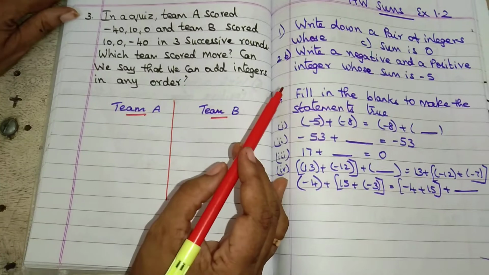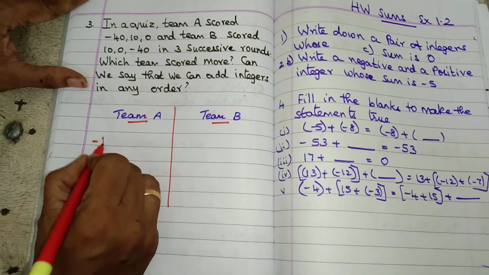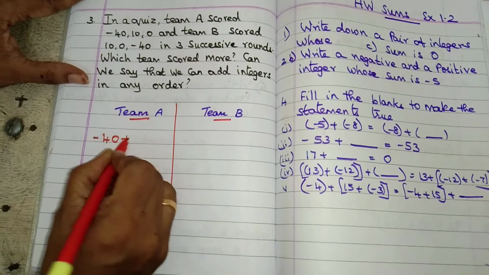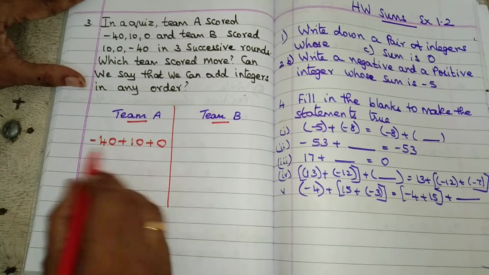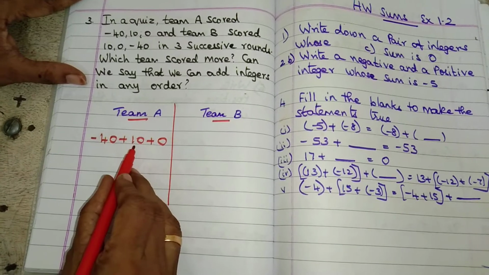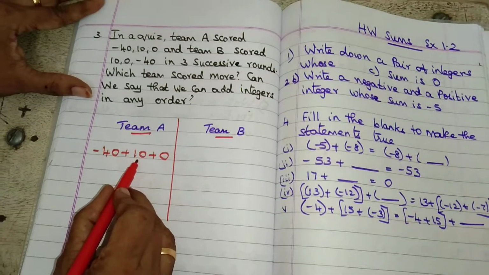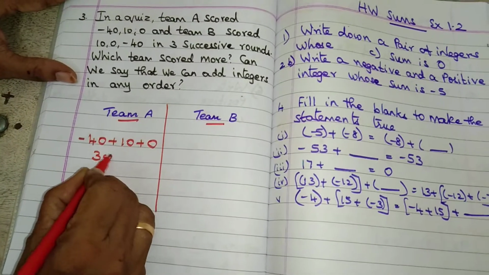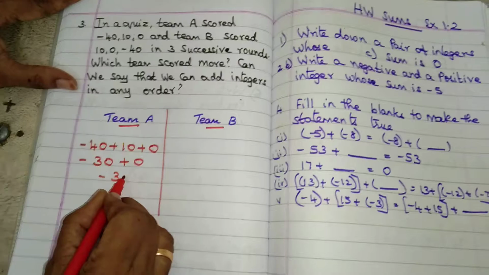So I am going to find the total score of team A. They have scored minus 40 plus 10 plus 0. Now I will simplify the first two numbers. So minus 40 plus 10, two numbers with two different signs, subtract and put the greater number's sign, plus 0, which is minus 30.